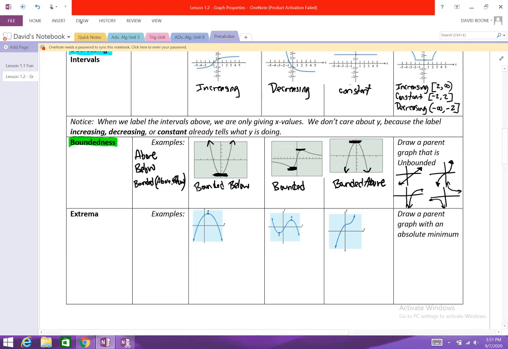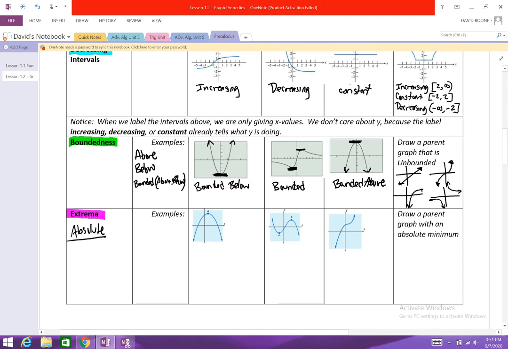All right, then let's talk a little bit about extrema. So we've got a couple different things we've got to consider when we talk about extrema. We've got what are called absolute extrema.